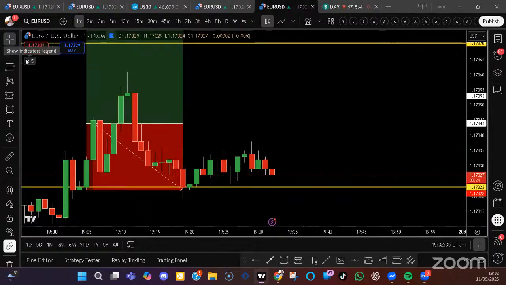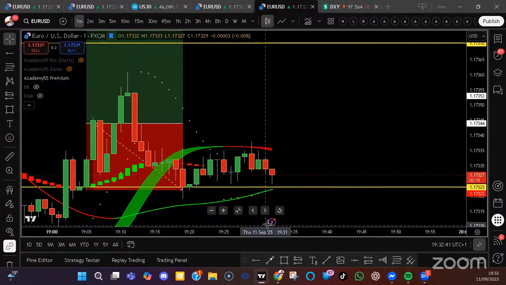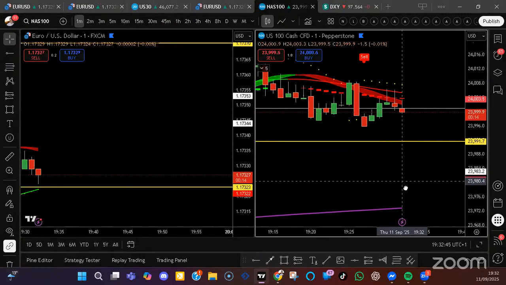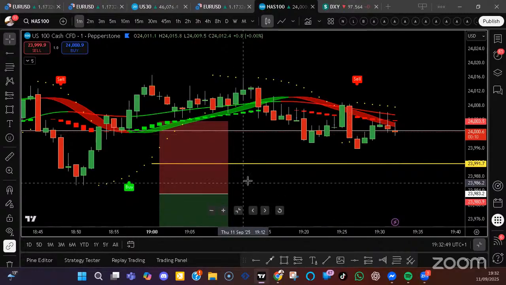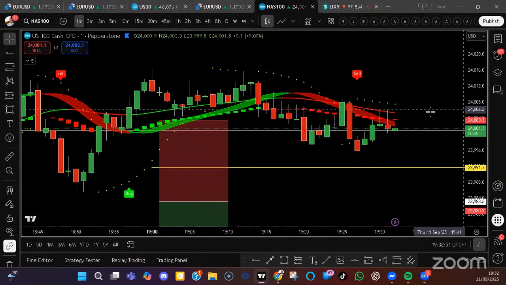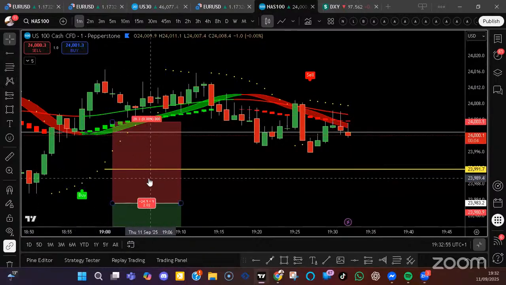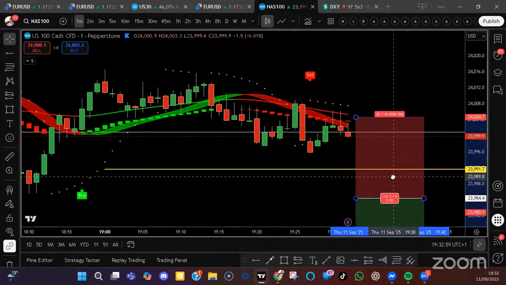So I will put the indicators back on. So have a look at the US 100. As you can see, there's hardly any volume with the US 100.